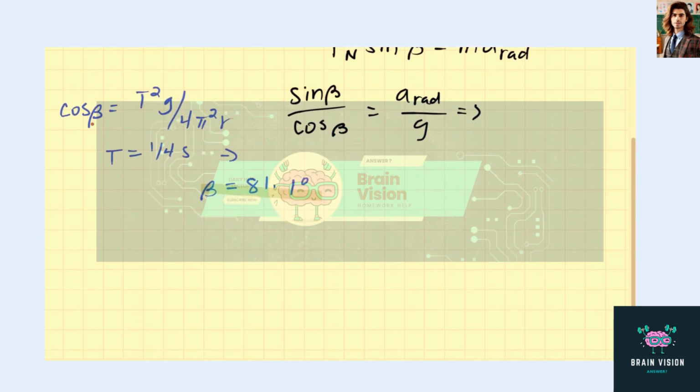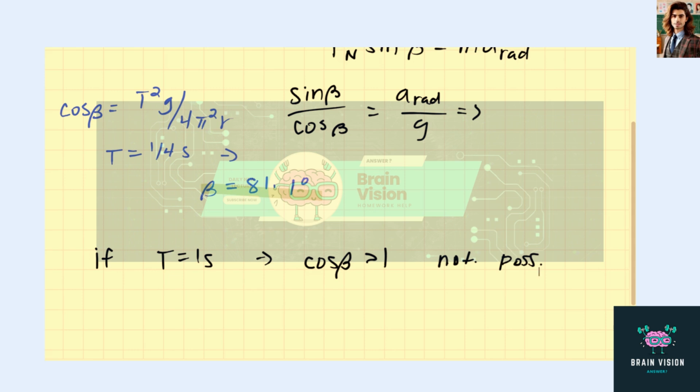And part C, what will happen if the hoop now rotates at 1 revolution per second? If it rotates at 1 revolution per second, that means the period is 1 second. And using this equation that we found before, if T is 1 second, cosine of beta would be greater than 1, which is not possible.